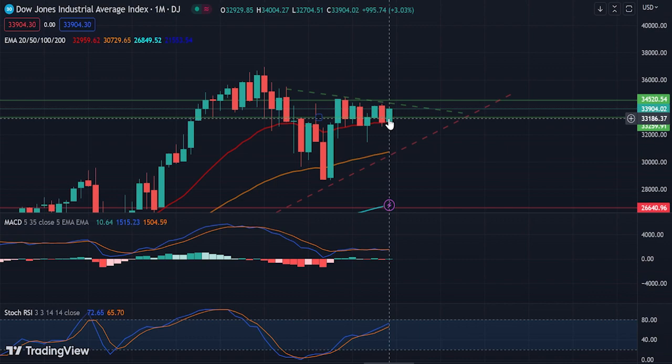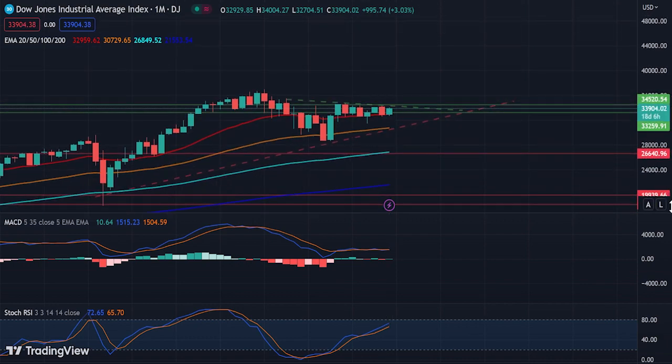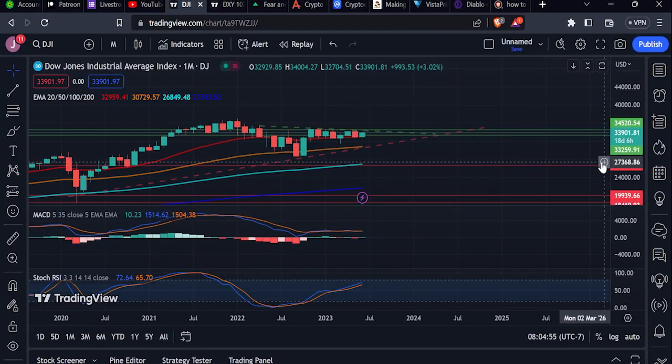So you get the idea. The lower the time frame, the more action there is in regards to trading. But if you're an investor, usually you're doing long term, right? I kind of like both. If there is a short term opportunity, then I will try to look for trades.